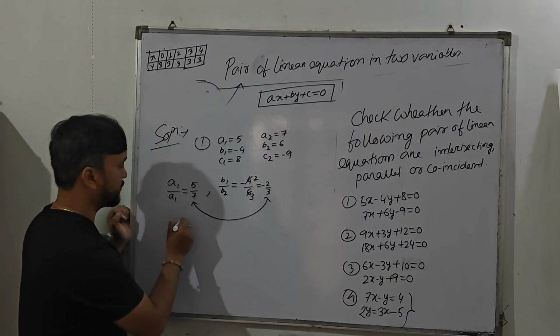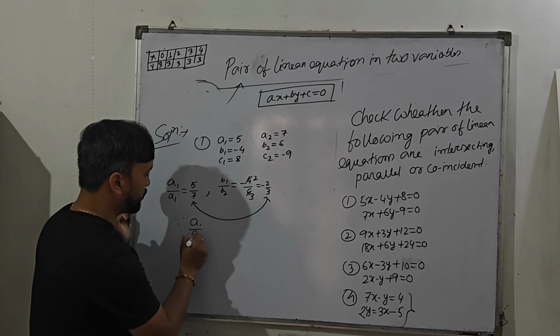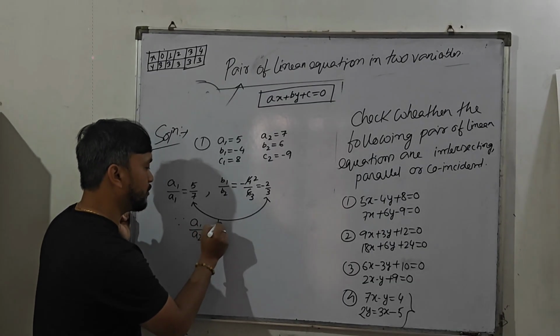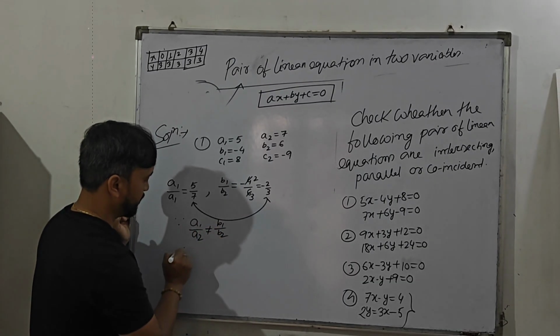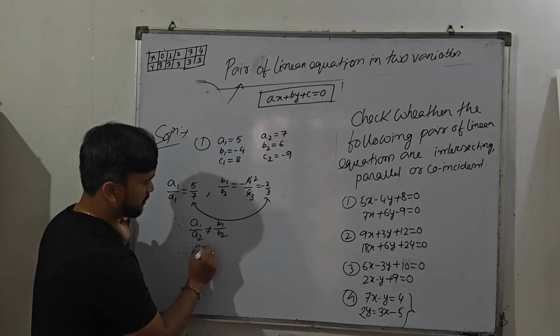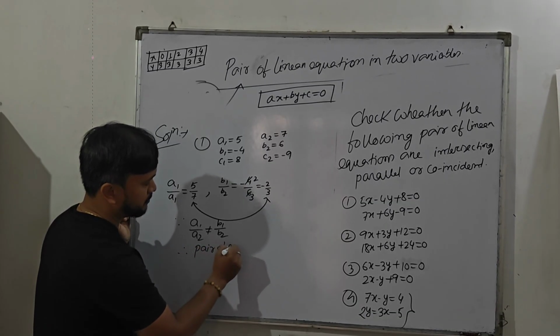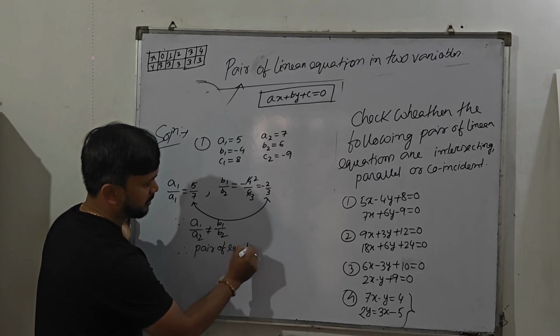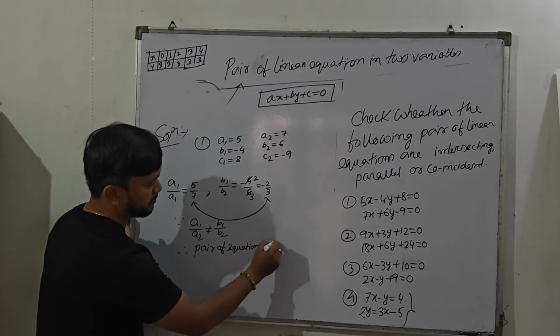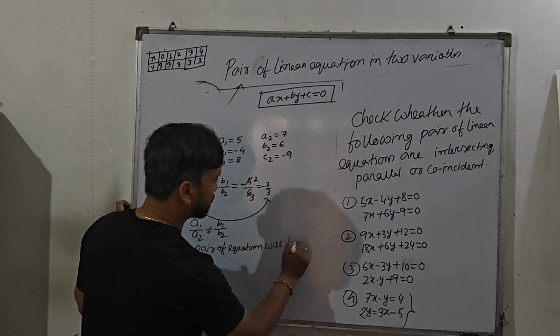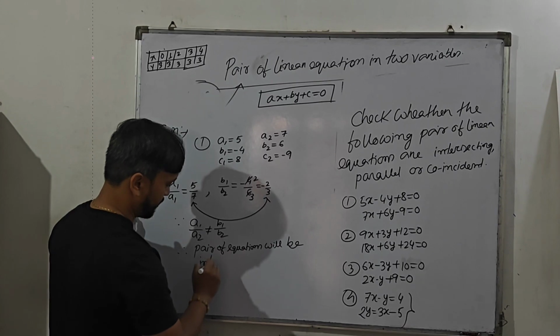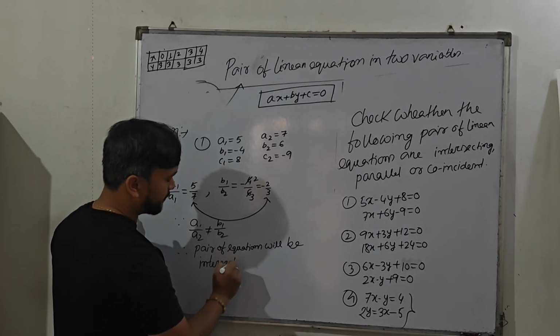So since a1 by a2 is not equal to b1 by b2, therefore pair of equations will be intersecting.